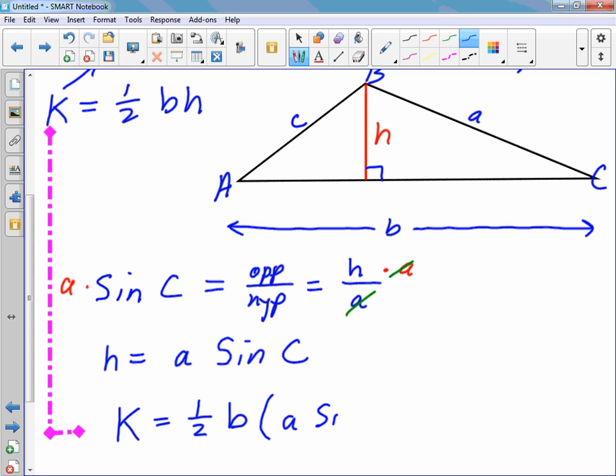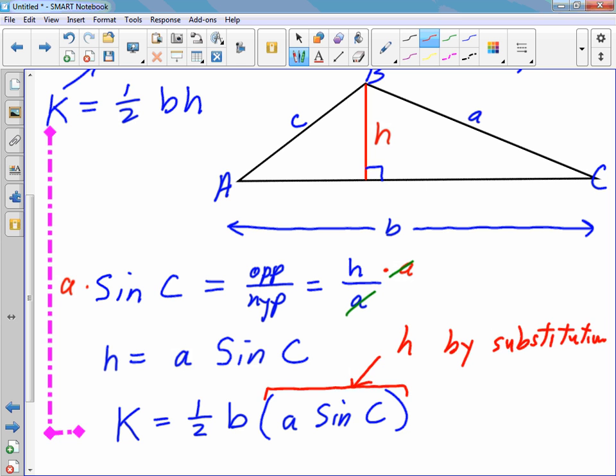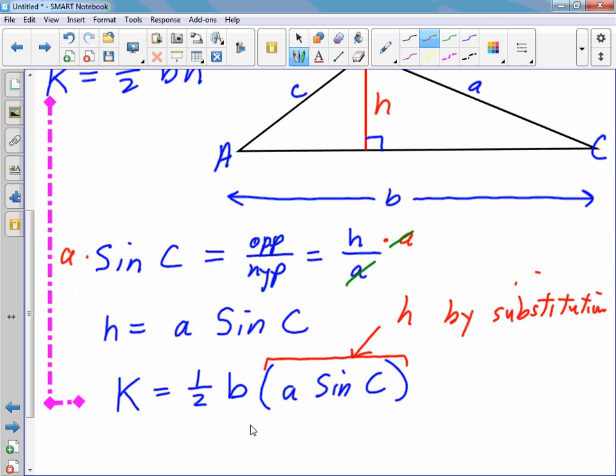A times sine C. Because that is the same as H. All of that, we substitute it in by substitution. Woo, you're doing some heavy math, everybody. Does it make your brain hurt? Not that bad. So K equals 1/2 B times A sine C.